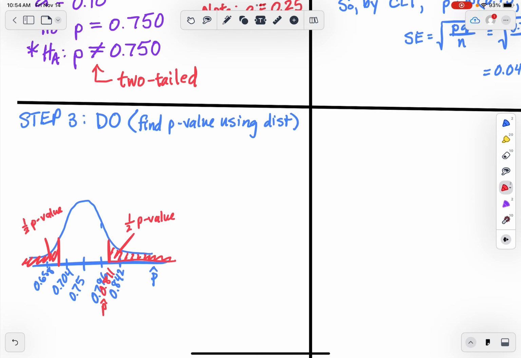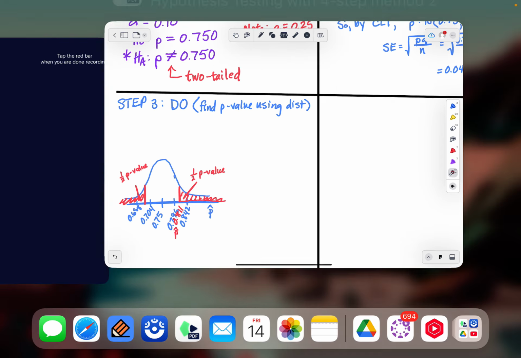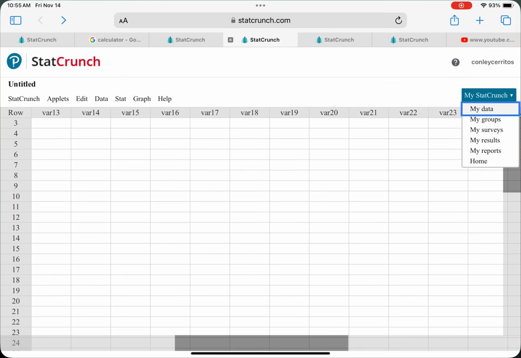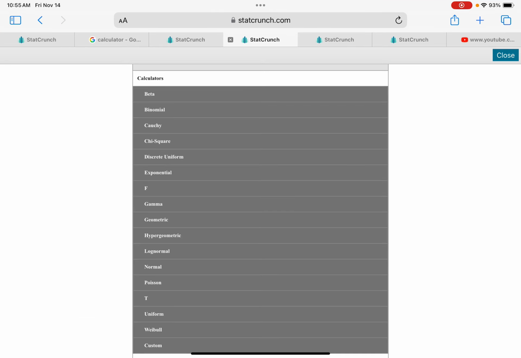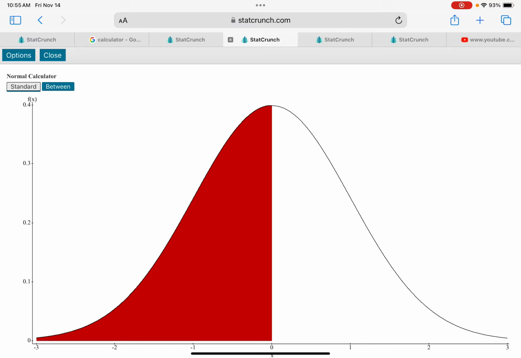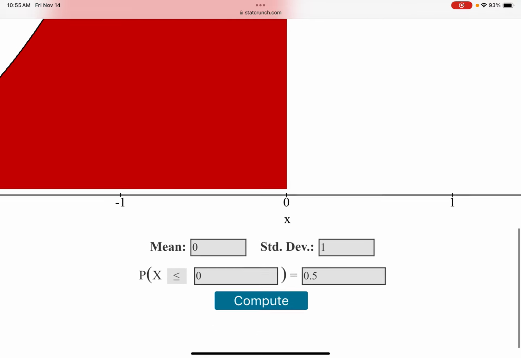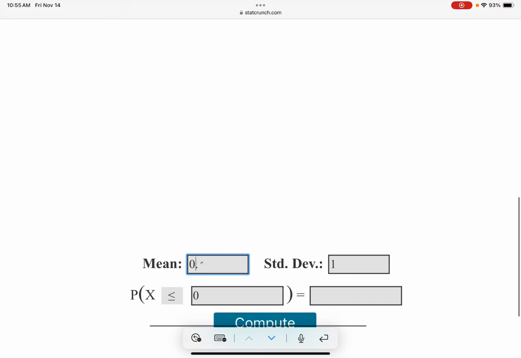So now I'm going to need StatCrunch to find the area, and I'm just going to use it to find the area on the right side and then double whatever that value is. So I'm going to go to StatCrunch, and I'm going to go to Stat Calculator, and we're using the normal distribution.